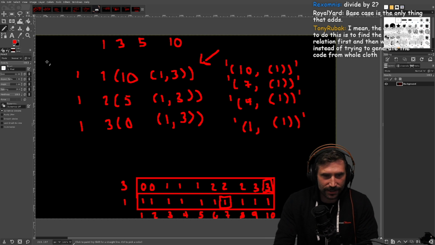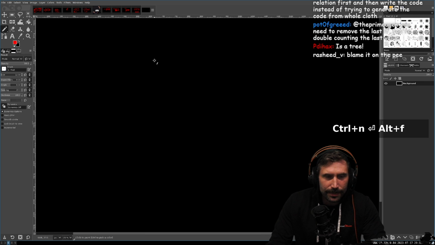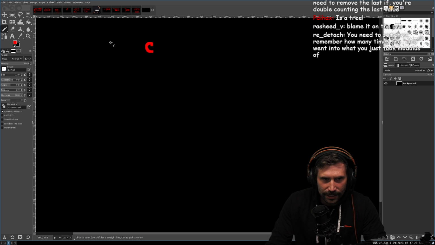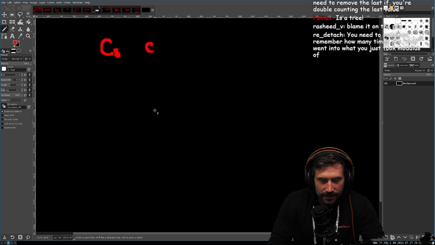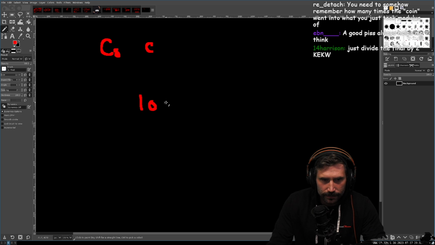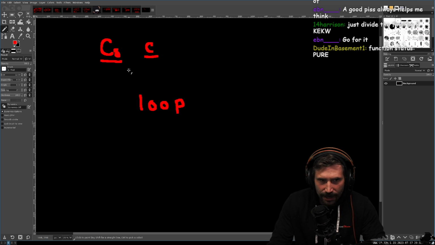The problem looks like this. In the simplest form of this, you have a change, we're going to call it C, and you have coins, which we're going to call CS. And it seems like we have to loop over our change, taking out our current index.